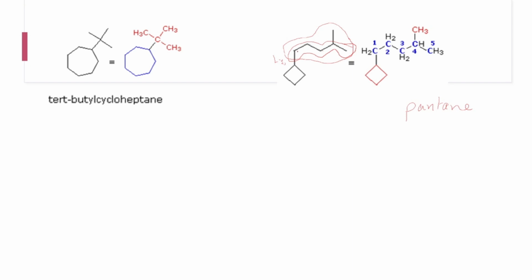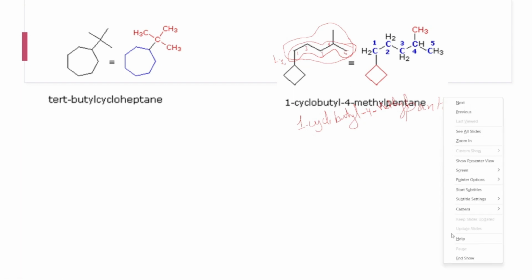So this is carbon number 1, 2, 3, 4 and 5. So I'm going to have 1 cyclobutyl, and then 4 methyl pentane. So this is the correct name: 1-cyclobutyl-4-methylpentane. Let's go to the next example.